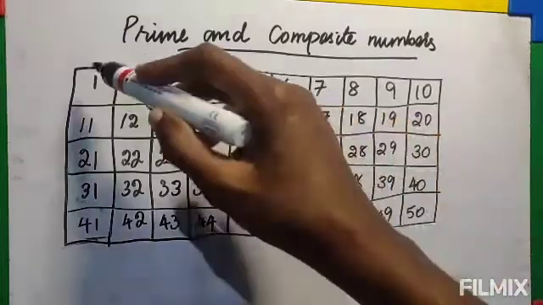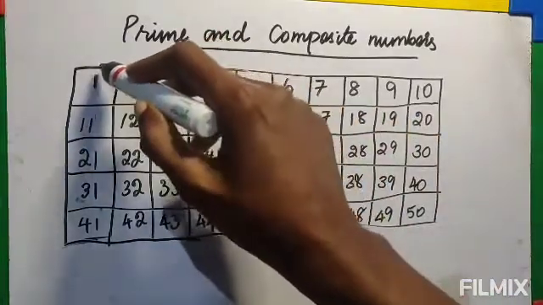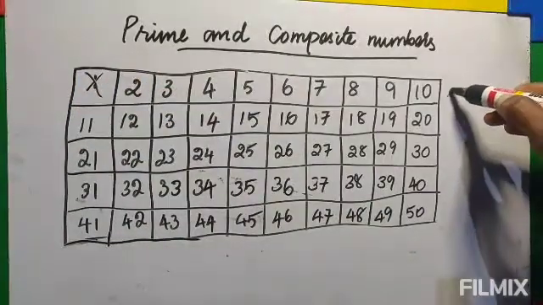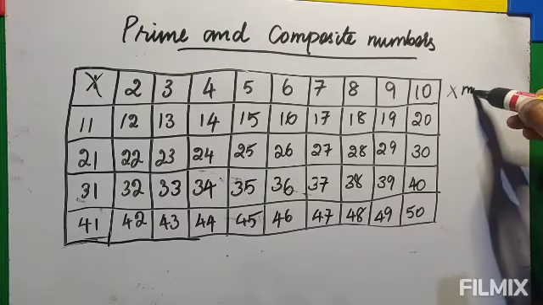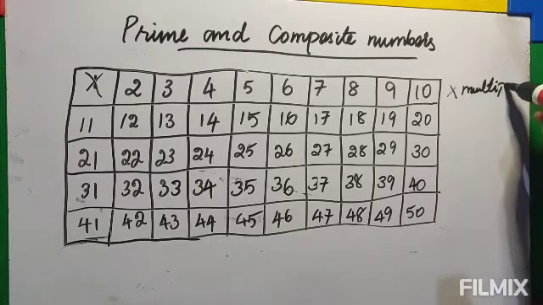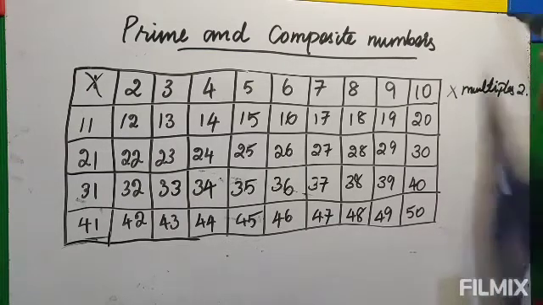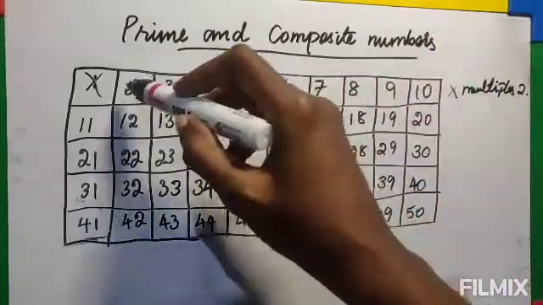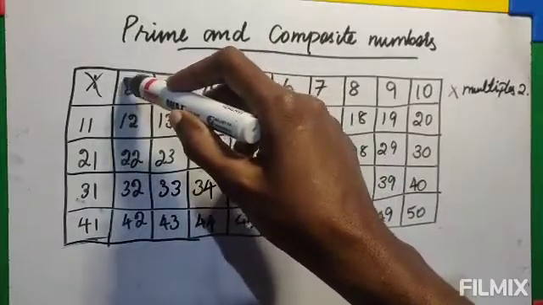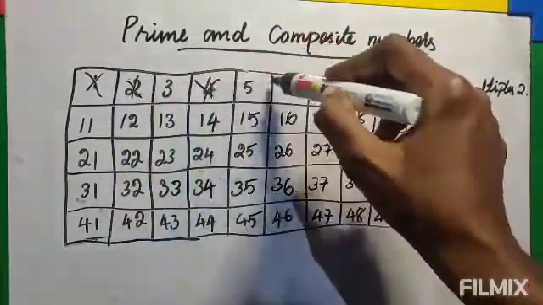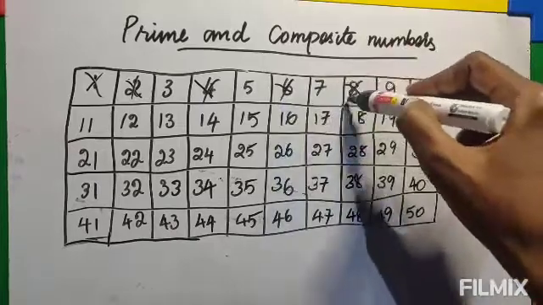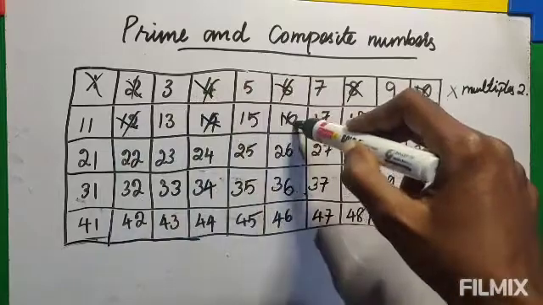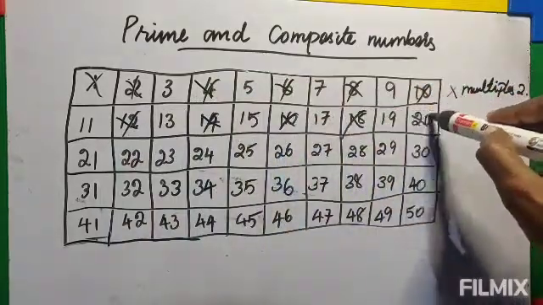First, 1 is neither prime nor composite, so let's cross 1. Then we have to cross the multiples of 2. Multiples of 2 means even numbers, so let's cross out all the even numbers. 2 is an even number. 4, 6, 8, 10, 12, 14, 16, 18, 20.